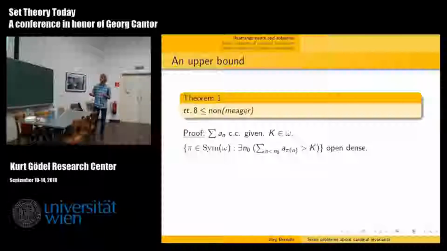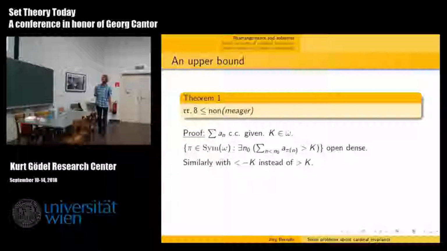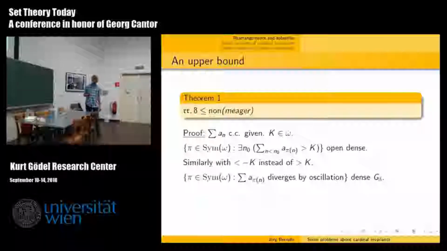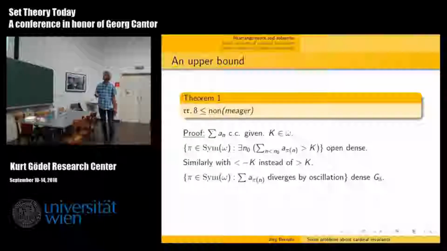So what I'm saying here is you just have a finite partial permutation, and then on top of this, you stack finitely many positive terms. If you stack enough of them on top, then you get bigger than k, no problem. Of course, the same is true with less than minus k instead of bigger than k. And therefore, what we get is that the collection of all permutations, such that for this particular given series, the rearranged series diverges by oscillation is a dense G delta.